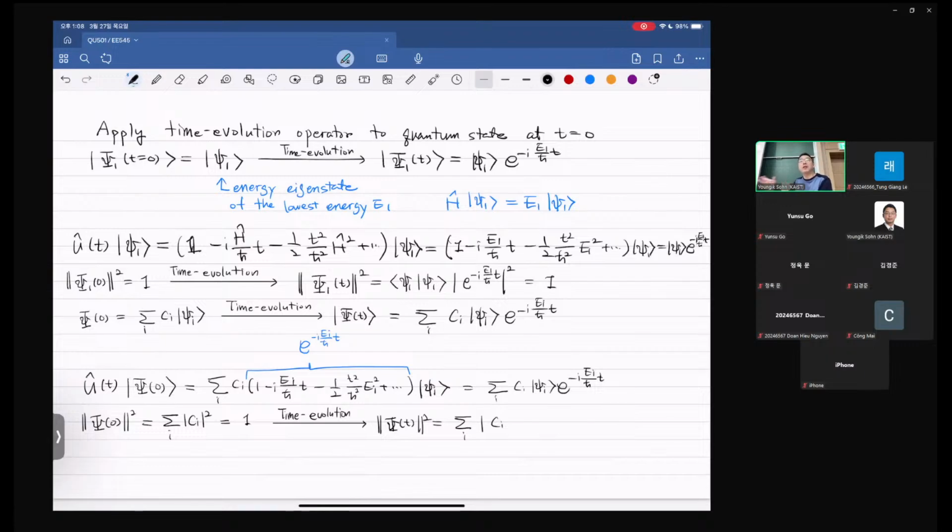That's all there is to it, just a simple interpretation. So instead of c_i being the coefficient, now your coefficient is c_i times e to the minus i E_i t over h bar, right? That exponential doesn't do anything because its absolute value is just 1. So we confirm that the length squared is kept as 1.